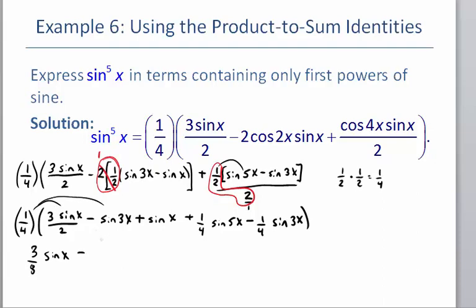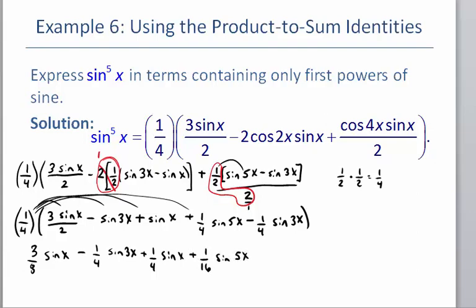Minus, we'll have 1/4 sine 3x plus 1/4 sine x. 1/4 times 1/4 is going to be 1 over 16 sine 5x. And then we'll have another 1 over 16 sine 3x.